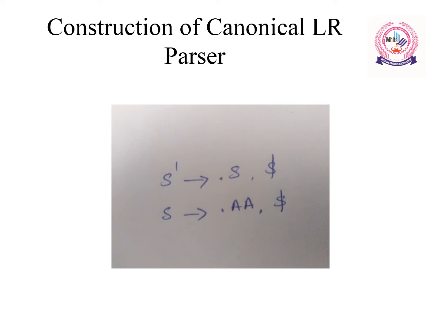How will the lookahead be identified? The lookahead will be identified by looking at the first function of the symbol that comes after this dot S, or the second symbol that comes after dot. So what is the second symbol that comes after dot? That is the dollar. So what is first of dollar? First of dollar is dollar itself.